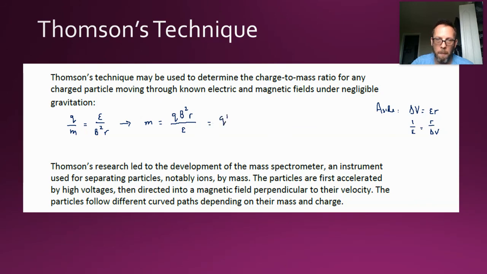So we have Q B squared R, but the field strength is given by R over delta V, and you get this nice expression for the mass. It's equal to Q B squared R squared over delta V.